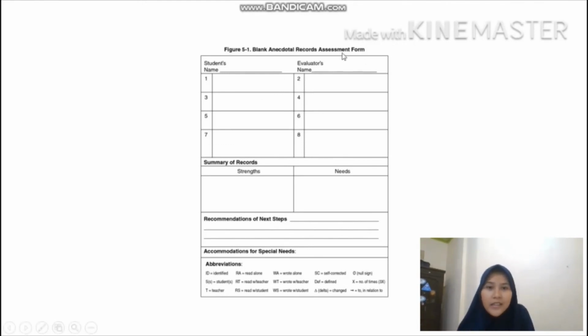Dan isi dari anecdotal records ini biasanya ada objektif, pasti objektif ini dibuat menjadi short story dan harus akurat mungkin, as accurate as possible.